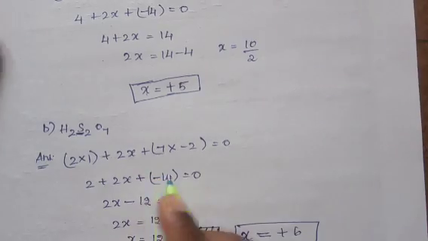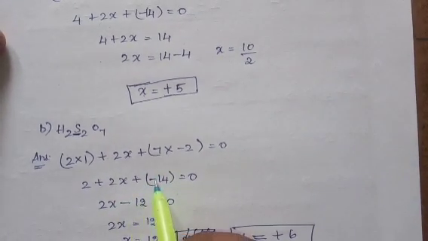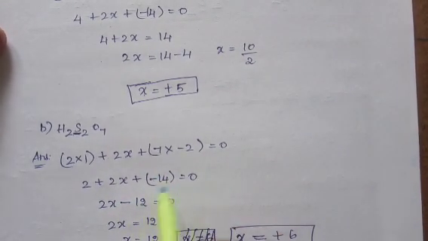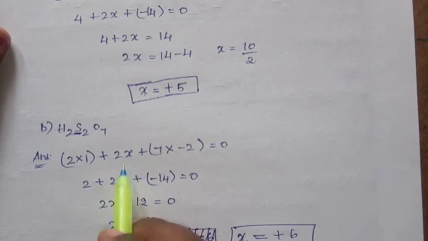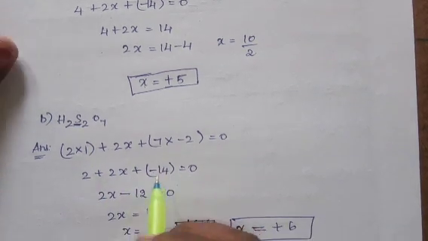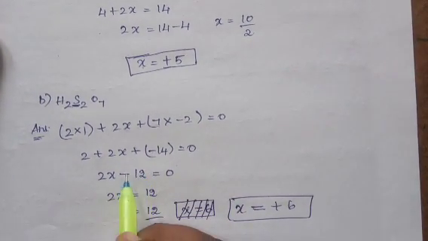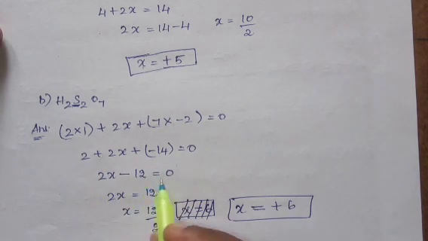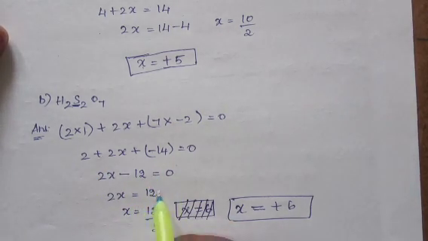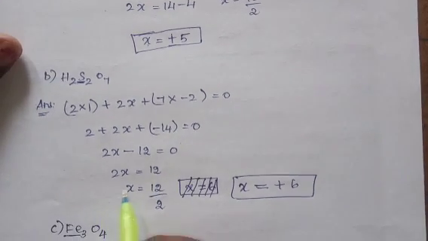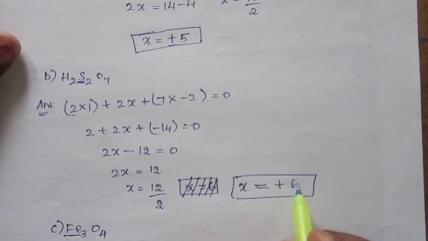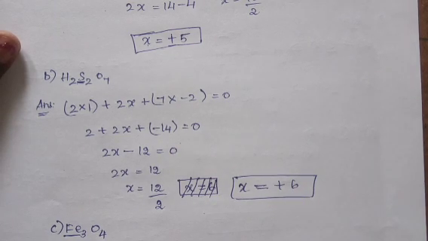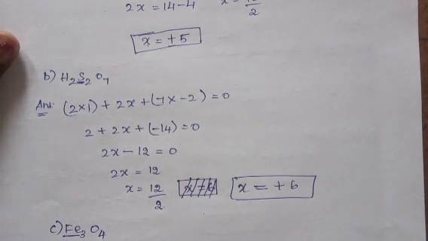Next, 2 plus 2X minus 14 is equal to 0. 2 ones are 2, plus 2X minus 14 is equal to 0. Next, 2X minus 12 is equal to 0. 2X is equal to 12. X is equal to 12 by 2. X is equal to plus 6. So this is the answer.